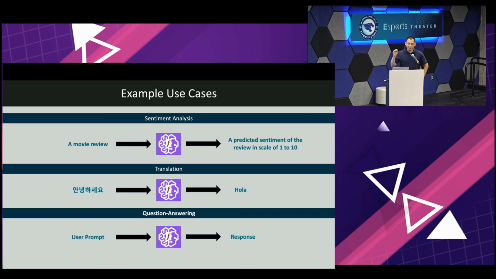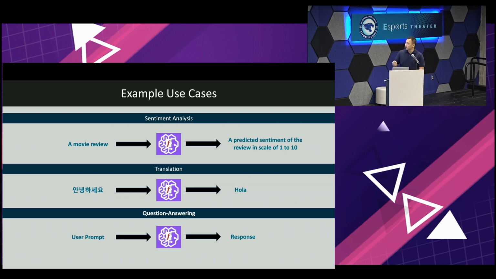Okay, so I'll go through some example use cases, and I'll use this slide over and over as I explain some basic architecture of the model later. The first use case is sentiment analysis. You provide a movie review to the model in text format, then it gives you a score of the review on a scale of 1 to 10.